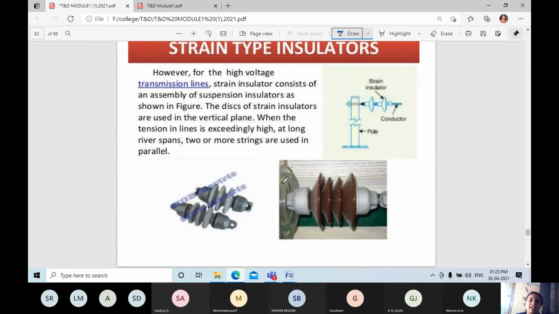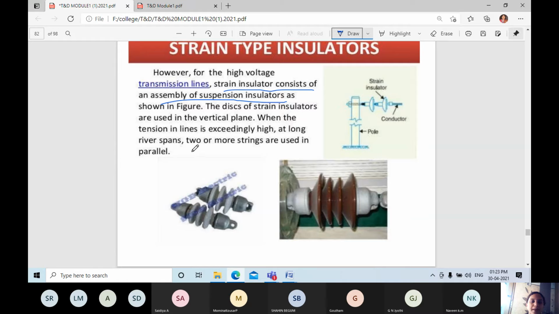Strain type insulator, you can observe this is used for the high voltage transmission line. Strain insulators consist of an assembly of suspension insulators as shown in the figure. You can observe it is horizontal. The discs of a strain insulator are used in the vertical plane when the tension in lines is exceedingly high.